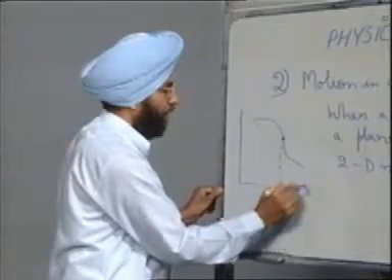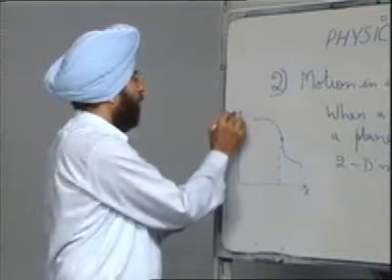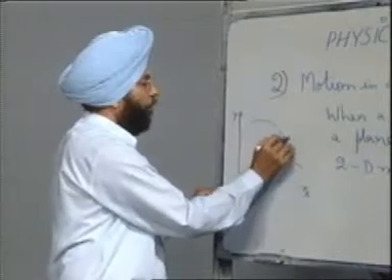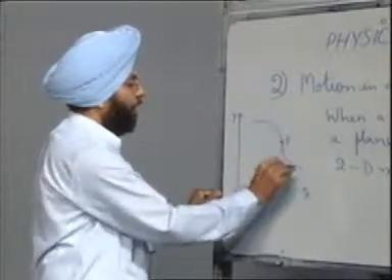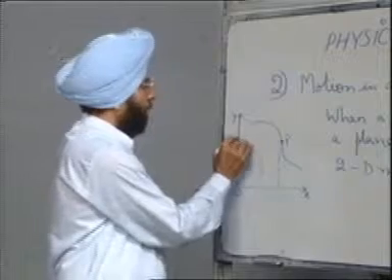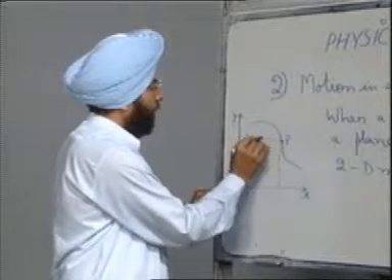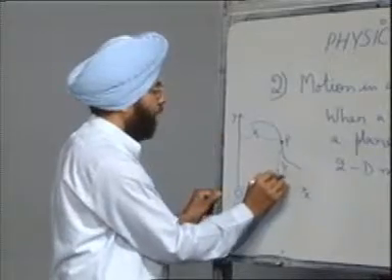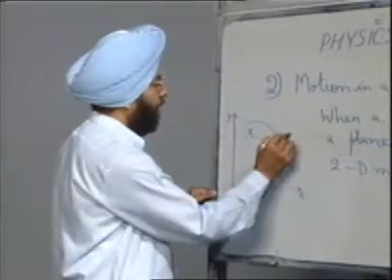Let us call this the x axis, this the y axis, and this the origin. Point P is on the path that we have followed. The distance from the y axis is the x coordinate, and the distance from the x axis is the y coordinate.